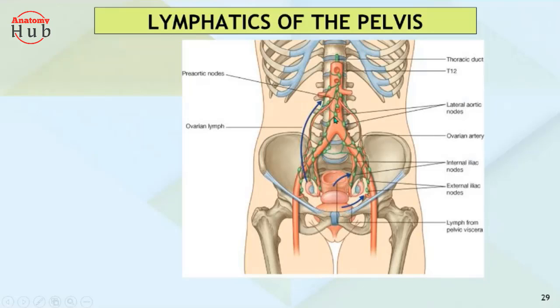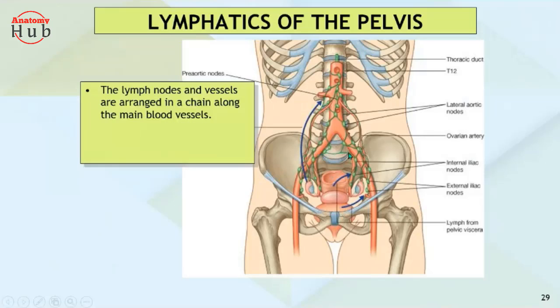That may be the pre-aortic lymph nodes, that may be the peri-aortic lymph nodes. So here the lymph nodes and the vessels are arranged in a chain along with the main blood vessels, not the small branches. It is just surrounding the main artery.